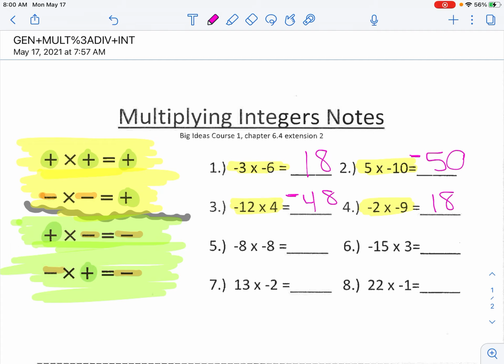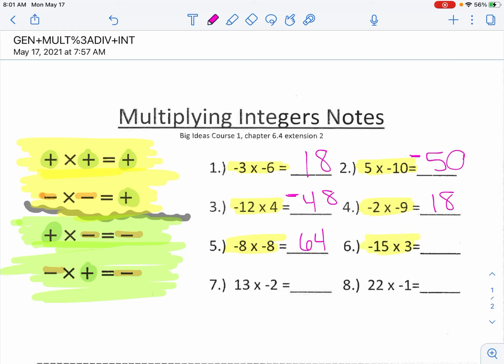Negative times negative is rule number 2, and rule number 2 says negative times negative equals positive. So anytime your integers have the same sign, your answer will be positive. -8 times -8. Well, 8 times 8 is 64, and negative times negative is rule number 2. Negative times negative equals positive.